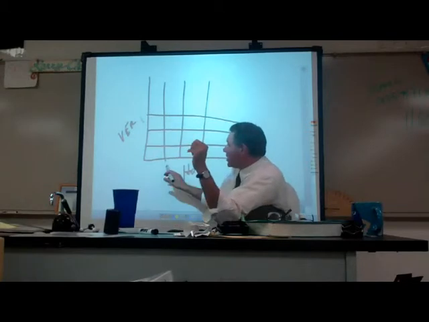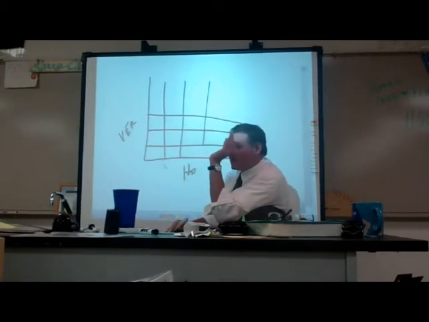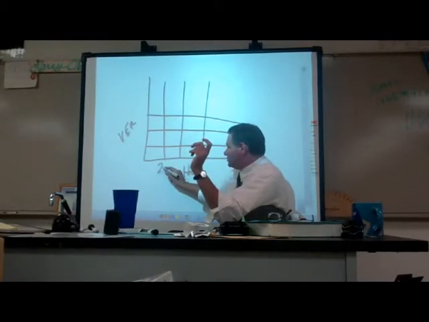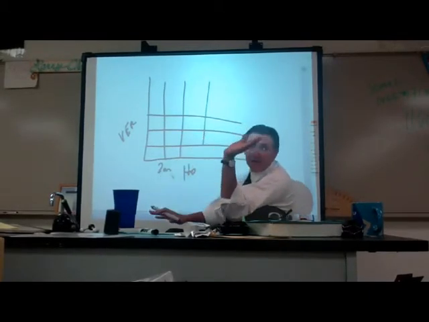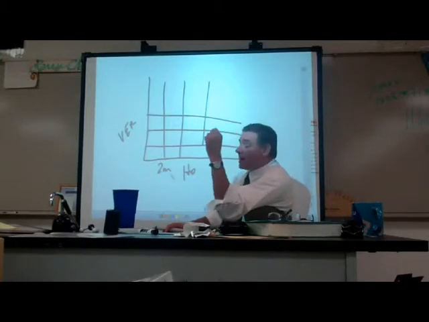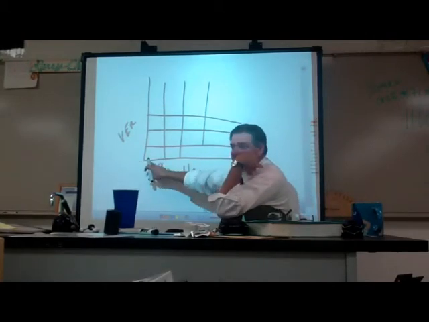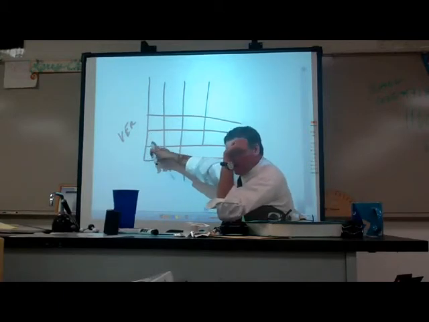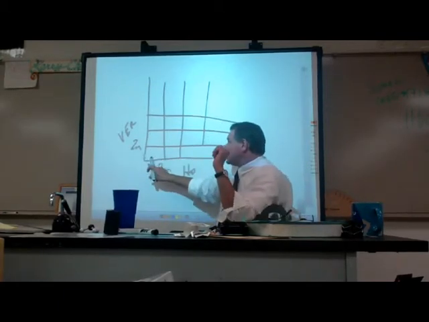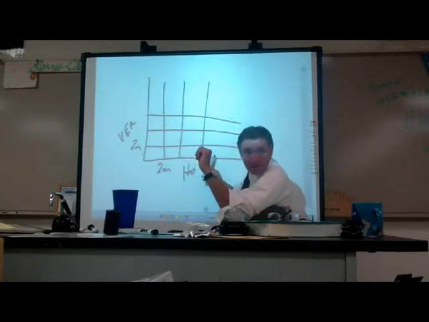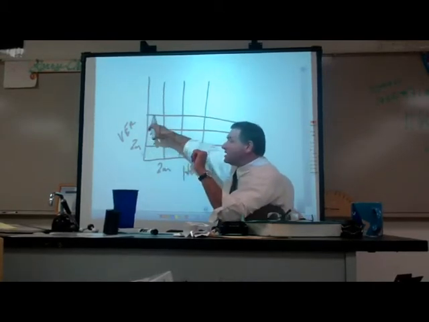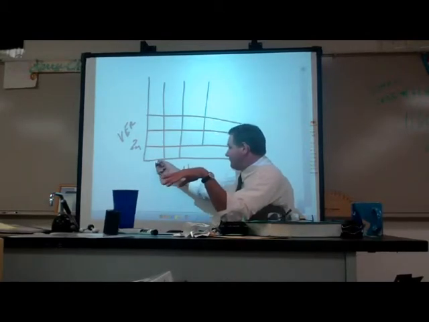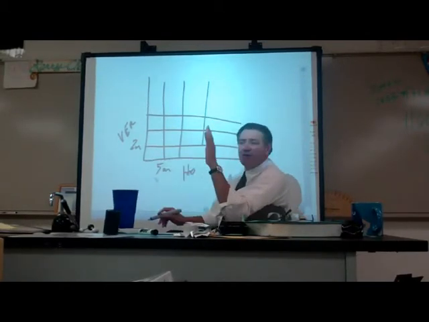You're going to set up a scale, and I don't care what the scale is. Maybe you're going to let each box represent 2 meters going this way. That's fine, whatever it is. But whatever the scale that you choose going this way has to be the exact same scale going up this way. So if you're going to let this be 2 meters going across like this, you have to let this be 2 meters going up. If you're going to let this be 5 meters going across, fine.